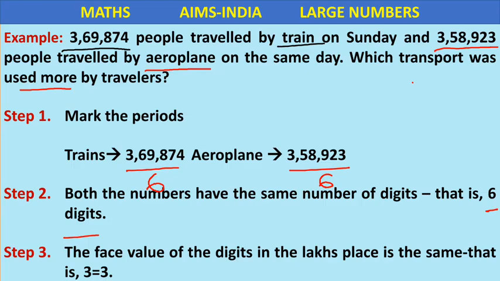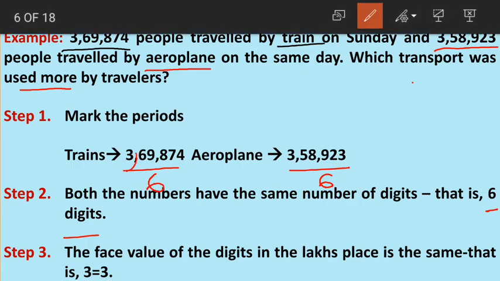We should start comparing the digits in the highest place values, that is on the extreme left. Which digit is here on the extreme left? We have 3 here. And what do we have in the second number? We have 3 there also.